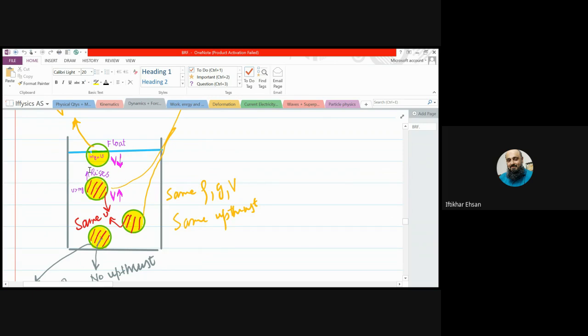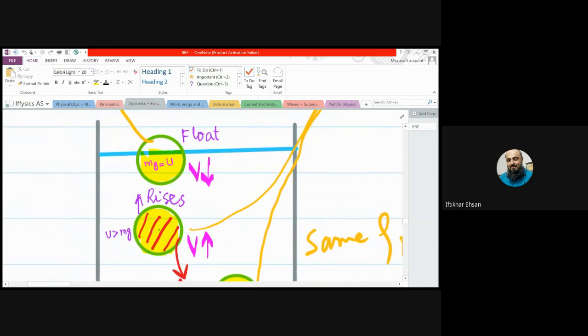Why will it rise? Can you think of it? It was floating because the upthrust there was equal to the weight, mg. But here it is rising, which means in this position the upthrust is larger than the weight, mg. But what is the difference? If you see, this yellow shade is the volume of the object inside.